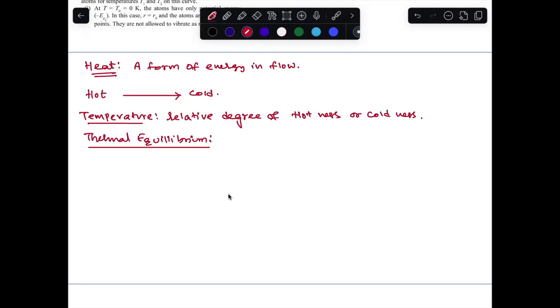So, temperature is the property that remains the same when two bodies are in thermal equilibrium.